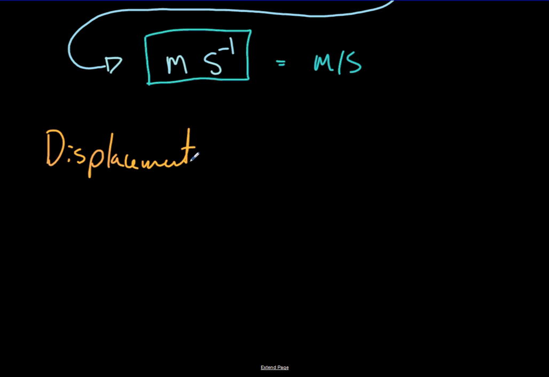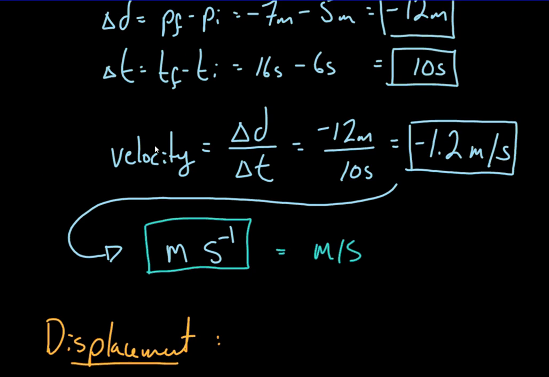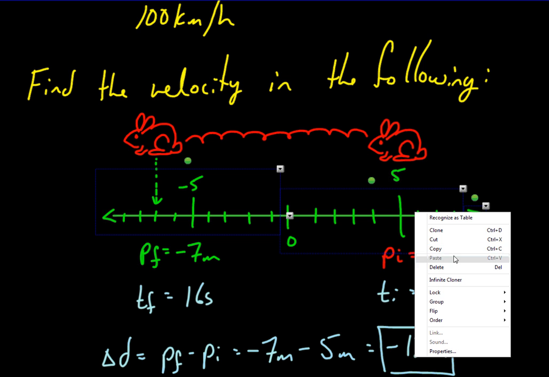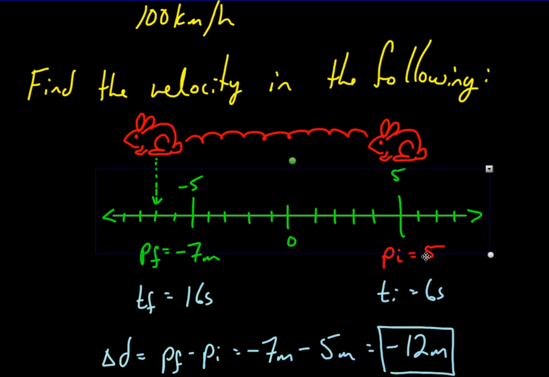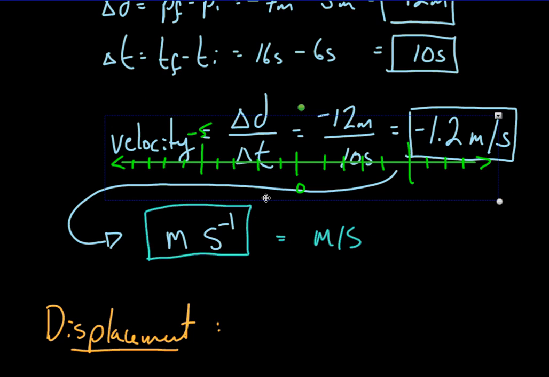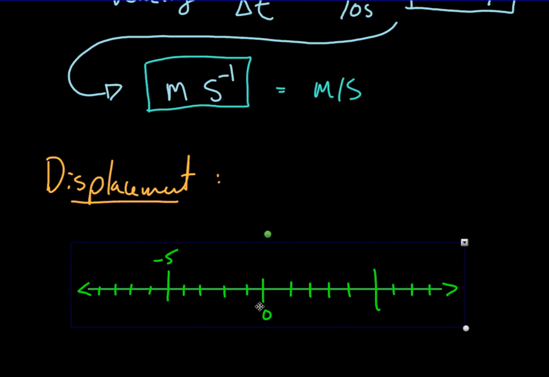Like, for instance, what happens if we go back to our bunny here? I'm just going to grab his little number line, if I can. And instead of just traveling in one direction along here, what would happen if the bunny did all kinds of crazy things?